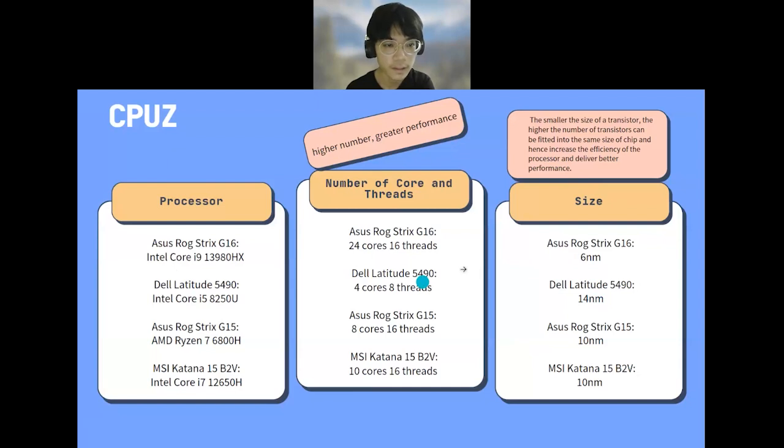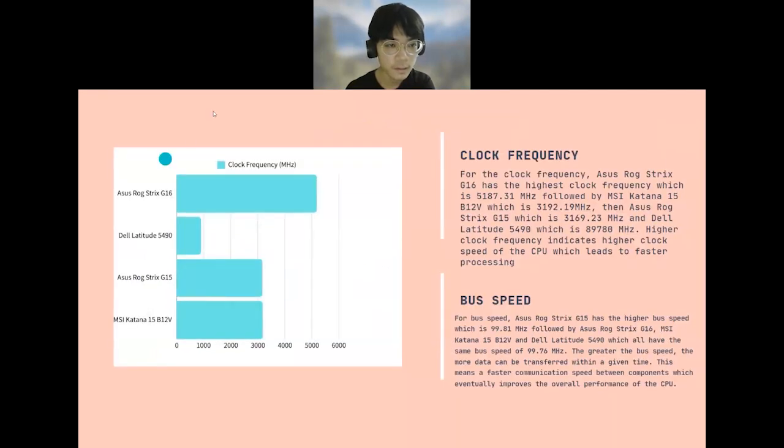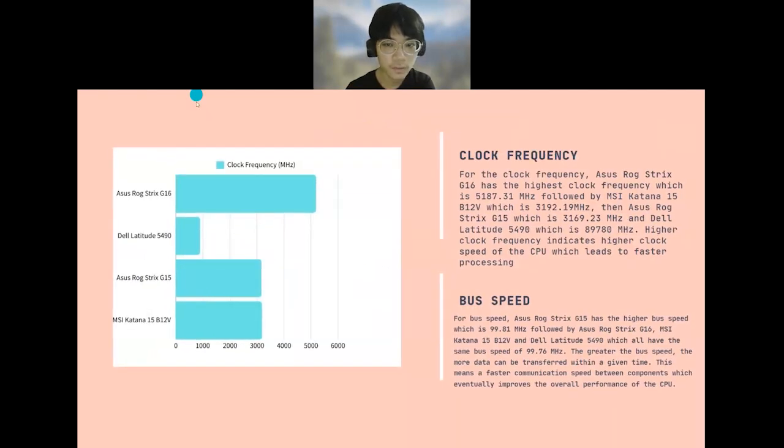Going up next, I'm going to talk about the clock frequency. From the bar chart, you can see that the Asus ROG G16 has the highest clock frequency.